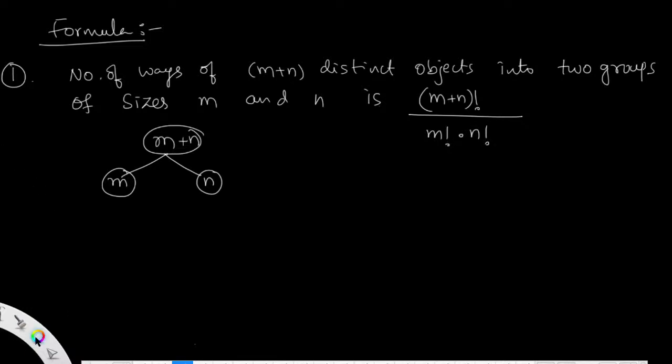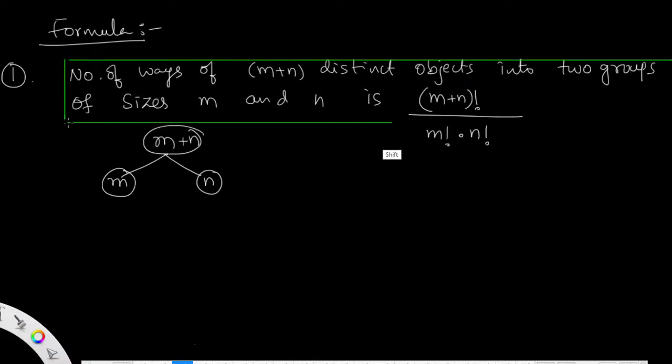This is the formula. So the number of ways of dividing m plus n objects into two groups of sizes m and n is (m plus n) factorial by m factorial into n factorial.